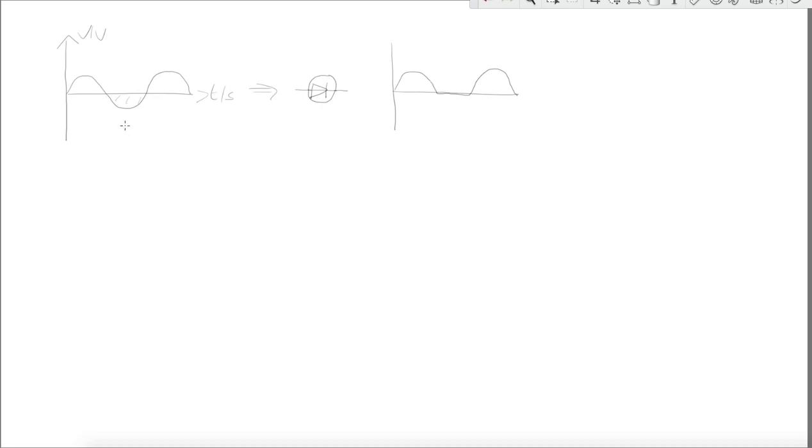So if you passed it through 4 diodes, we're going to take our output across here. We're going to put our input across here. This is our AC input.